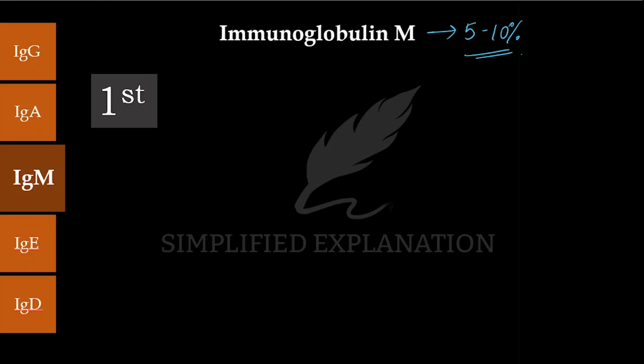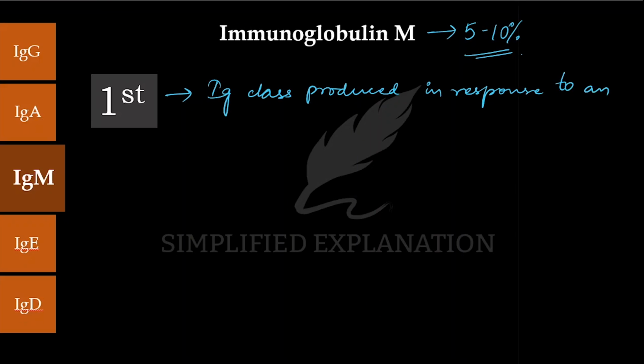It has two firsts. This is the first immunoglobulin class which is produced in primary response to an antigen.